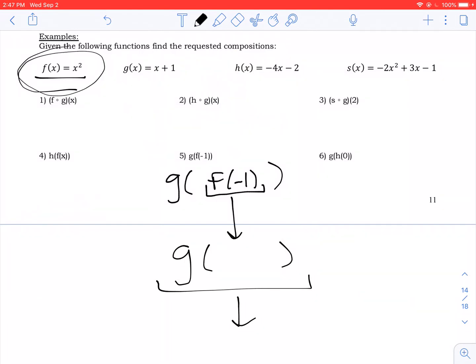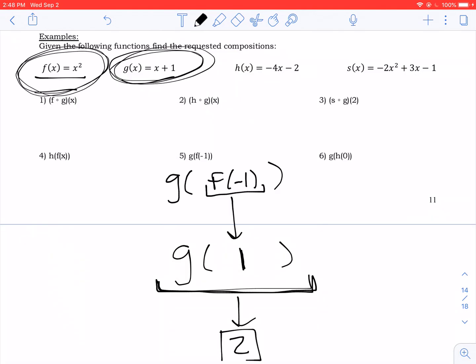So f of negative 1 is negative 1 squared, or 1. Awesome. Now let's find g of 1. G of 1 is 1 plus 1, or 2. 2 as a final answer.